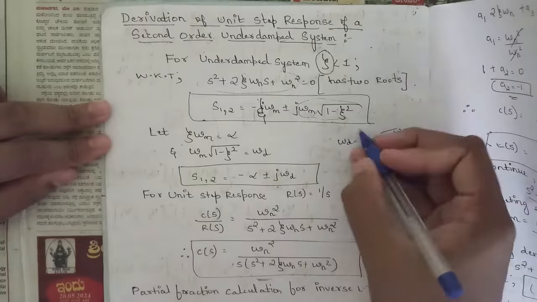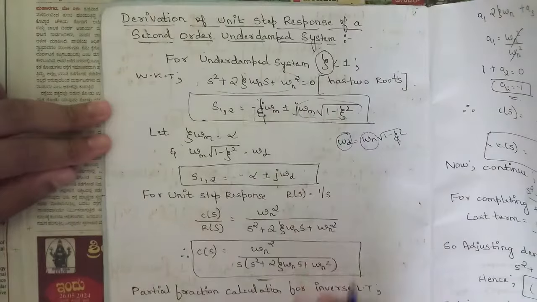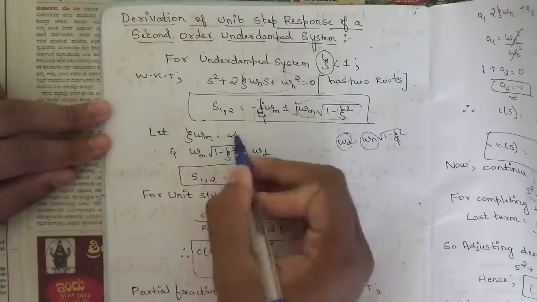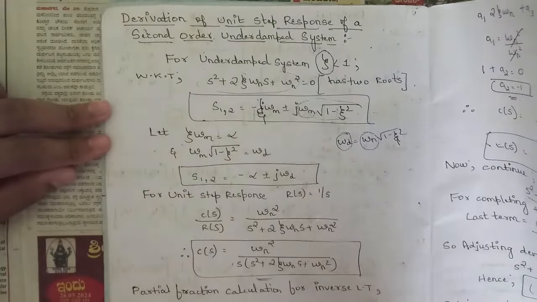So substitute these values in this equation, that is s of 1,2, representing the two roots, equal to minus alpha, since zeta omega n is equal to alpha, plus or minus j omega d.